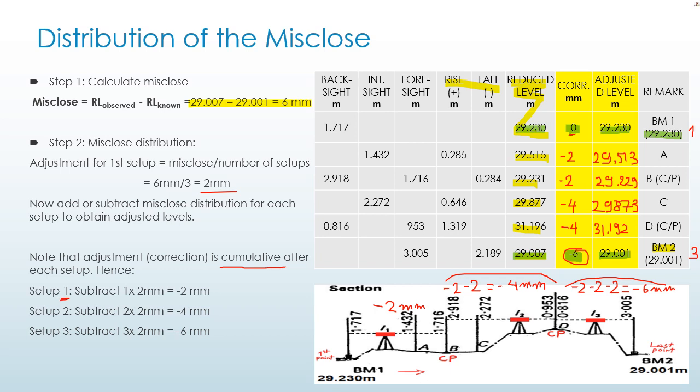Setup number 1, 1 times 2. Setup number 2, 2 times 2. Setup number 3, 3 times 2. So 2 mil is the adjustment for each setup, but you need to times that amount with the number of setups when you do the correction.